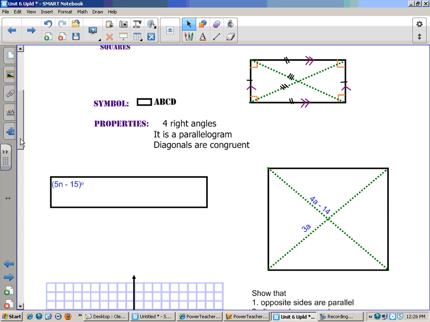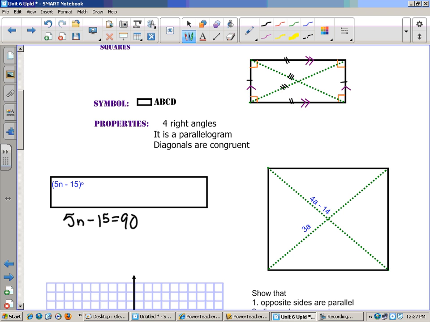It's an actual rectangle. All right, so is there one of these characteristics that would help us solve for n? Yeah, four right angles. So we know this is equal to what? 90. So I do 5n minus 15 equals 90.